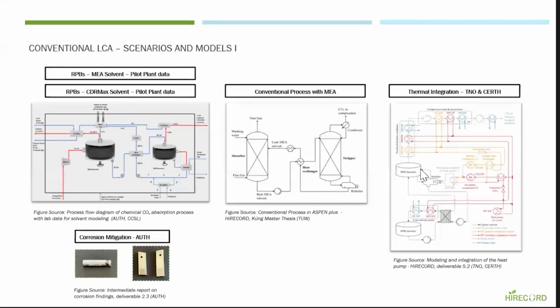We are testing the rotating packed beds first with MEA. Then the idea is to also get clear results with CDR Max, and of course make a comparison with the same system, the same functional unit and the same capture targets, with the conventional process with MEA as well.